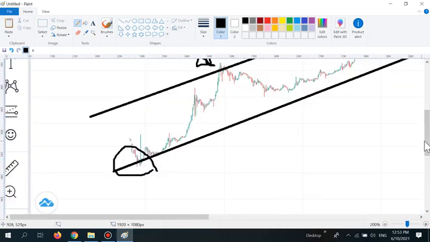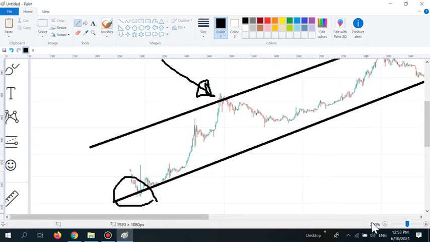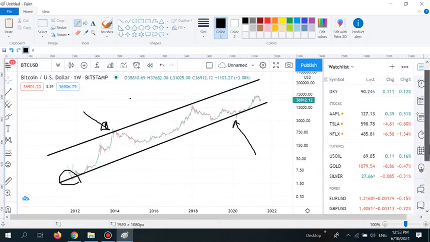But I want to explore the nature of trend lines, which we can draw very realistically. You don't need to focus on the little anomalies here or whatever, right?